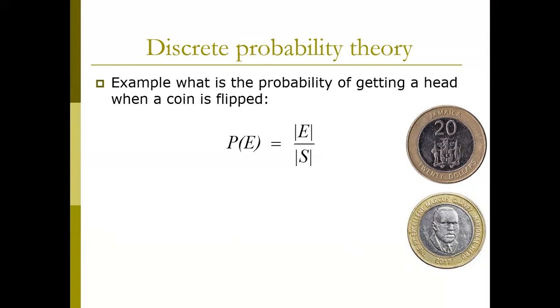So in this case, our sample space is 2, all right? Now, the probability of getting a head is going to be simply 1 over 2, all right? So since the sample space is 2, because there are 2 possible outcomes and there is just 1 head, it therefore means that the probability of getting a head is going to be 1 over 2, all right?